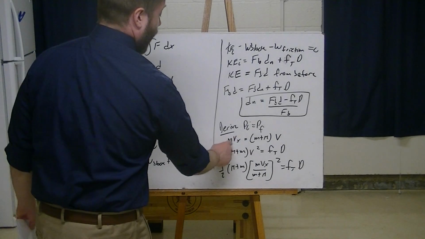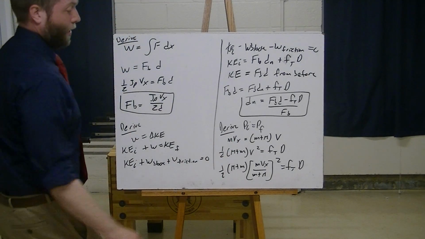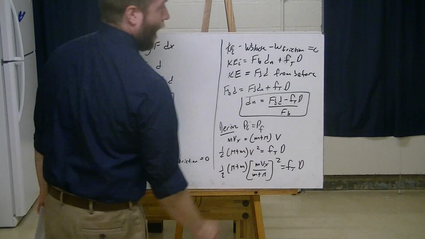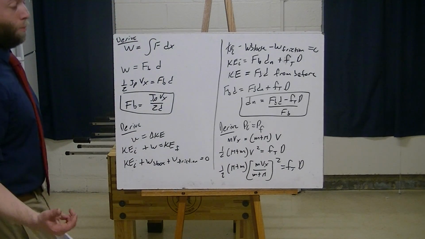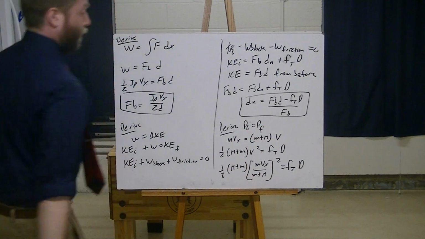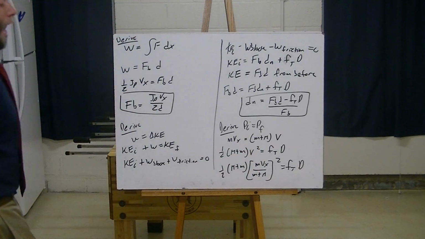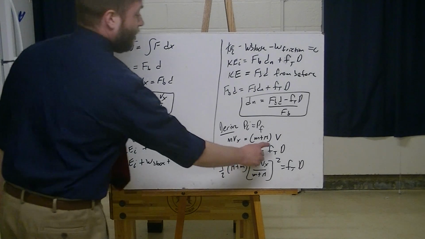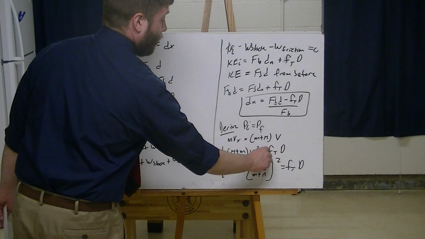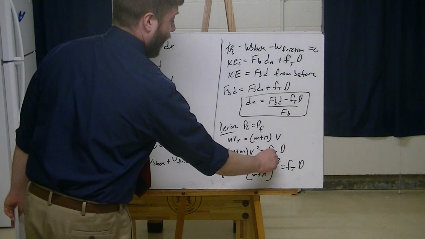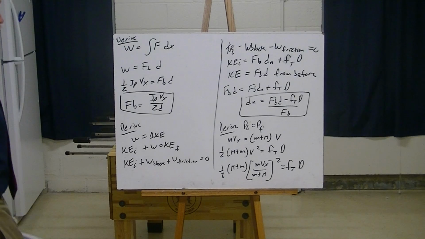So mvx represents the momentum of the projectile. M plus big M represents the total mass of the projectile on the block times their new final velocity. All the kinetic energy that we have after the collision is going to be taken away by the force of the table, the force of friction with the distance traveled.